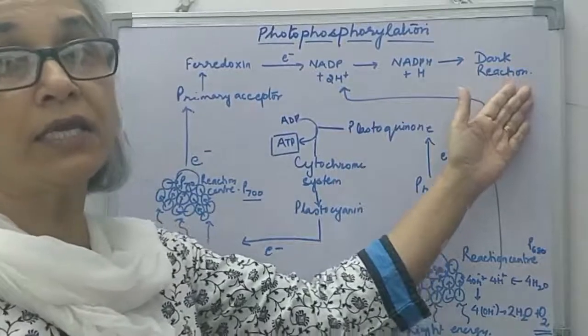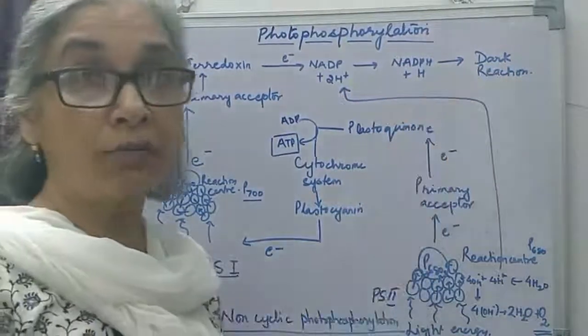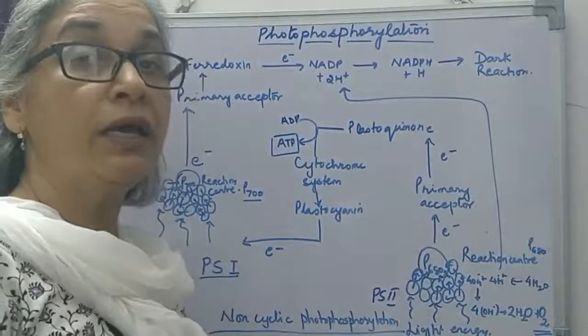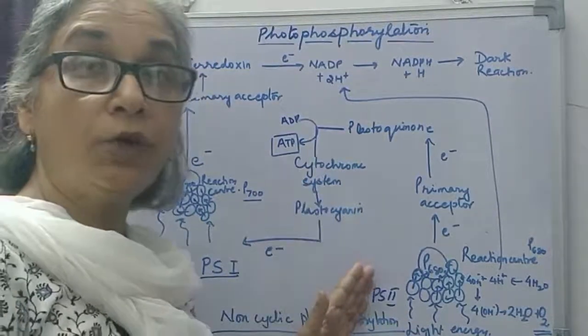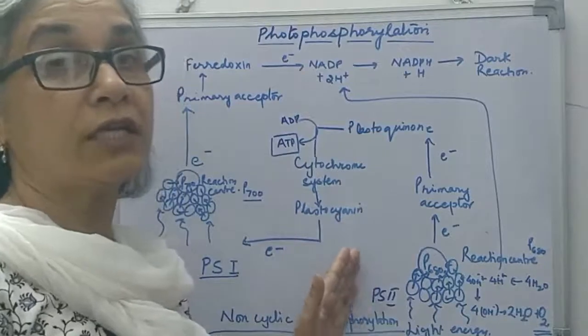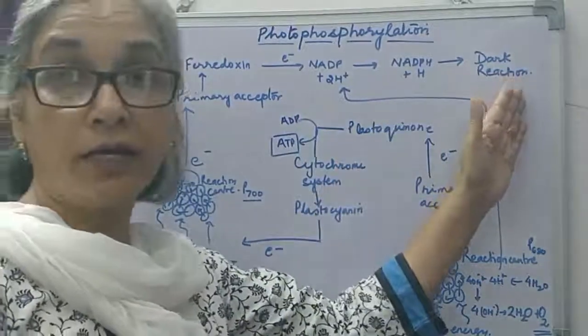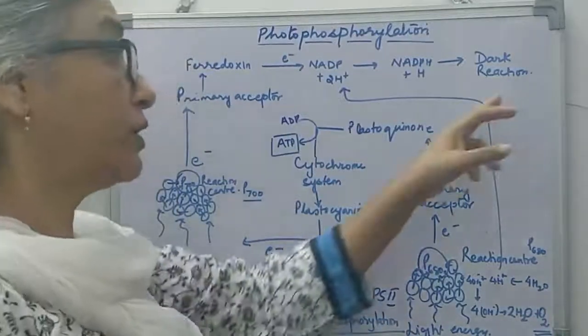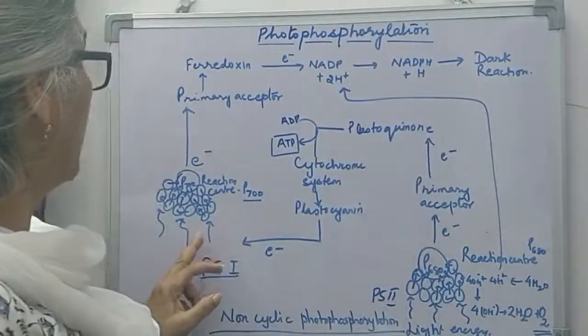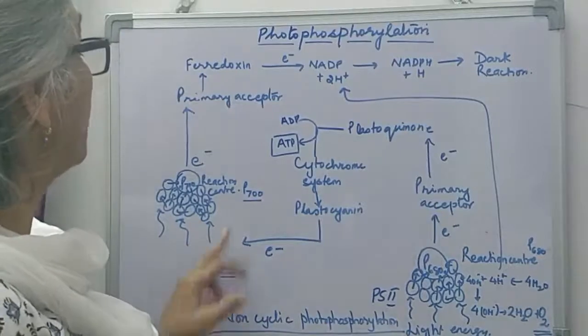Dark reaction is independent of light. That does not mean that it takes place in dark. It means that it is independent of light. Only the products of the light reaction are needed for the dark reaction, the second phase of photosynthesis. So here we see photosystem 1.